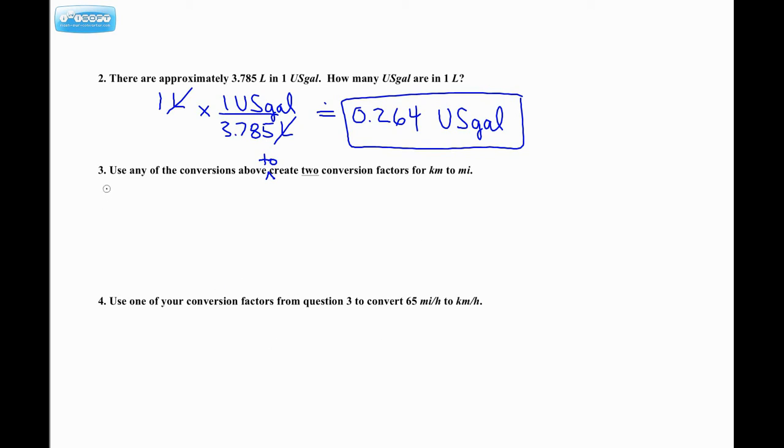Why not? What is that in miles? So 1 kilometer. So I know that there are 1,000 meters in a kilometer. So those cancel. So now I'm in meters. And then I'm going to go to centimeters.